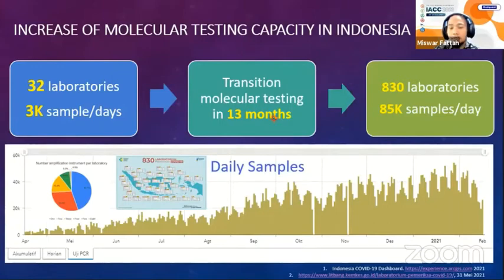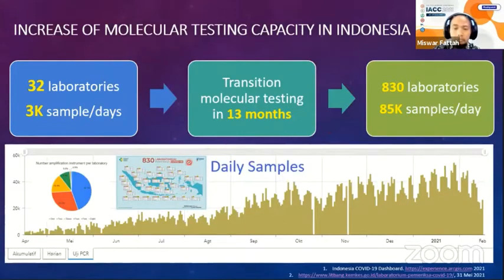Now we have gone from 32 to 830 laboratories running molecular testing for SARS-CoV-2, and from 3,000 to 850,000 tests per day capacity.